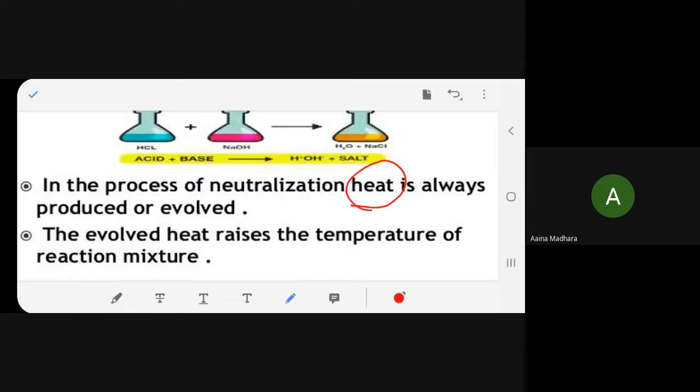Heat. That means if you touch the flask, you will find it warm. This heat is raising the temperature of the reaction mixture, which contains the acid, base and whatever salt we get.